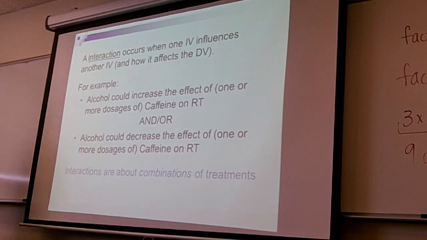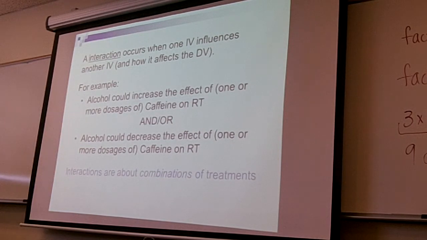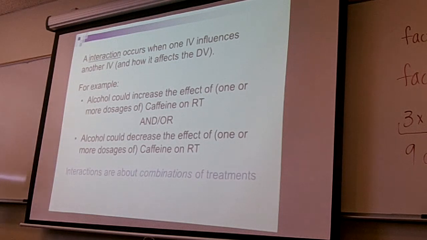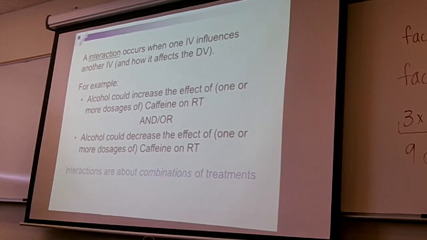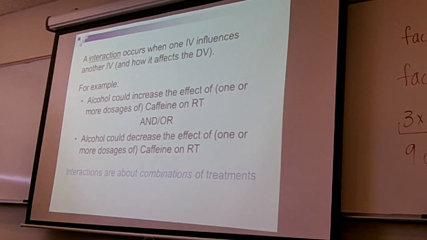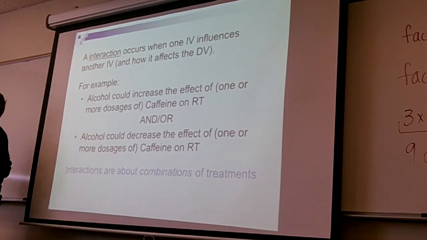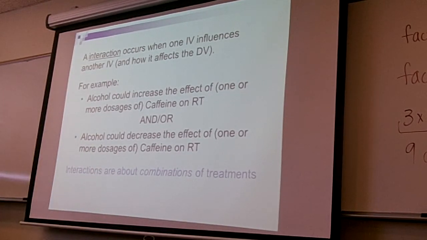What's new is our ability to talk about interactions. Talking about how independent variables combine to have an effect on a DV. And one way to think about this is that an interaction occurs when one independent variable influences another independent variable.